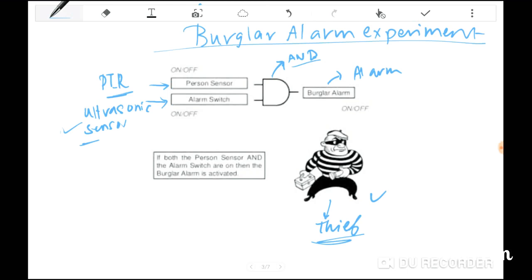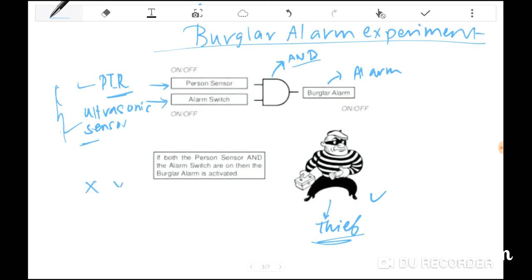Whenever it finds that some movement is occurring, the ultrasonic sensor will alert me, and the PIR sensor will detect any person or any object. Both of them have almost similar operations. It's very interesting, isn't it?